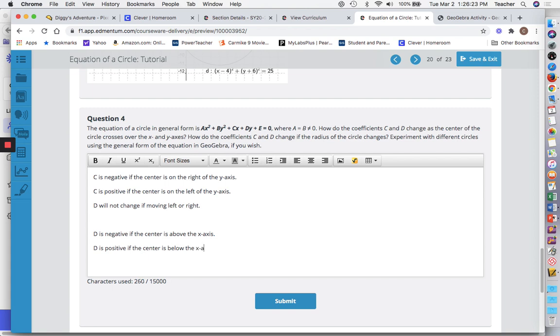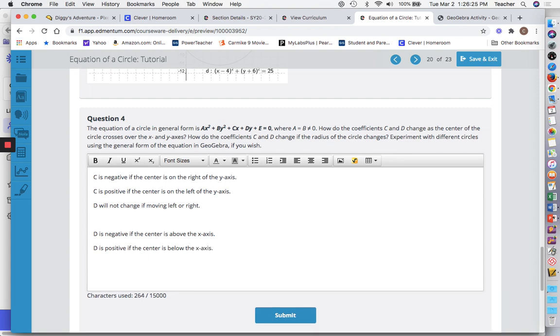It's kind of opposite what you might think it was going to be. Now, C is not going to change. C doesn't change if the center moves above or below the x-axis.